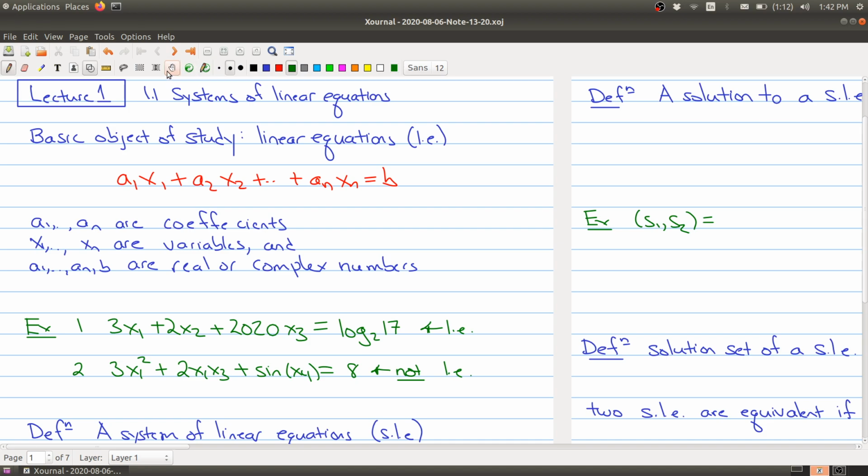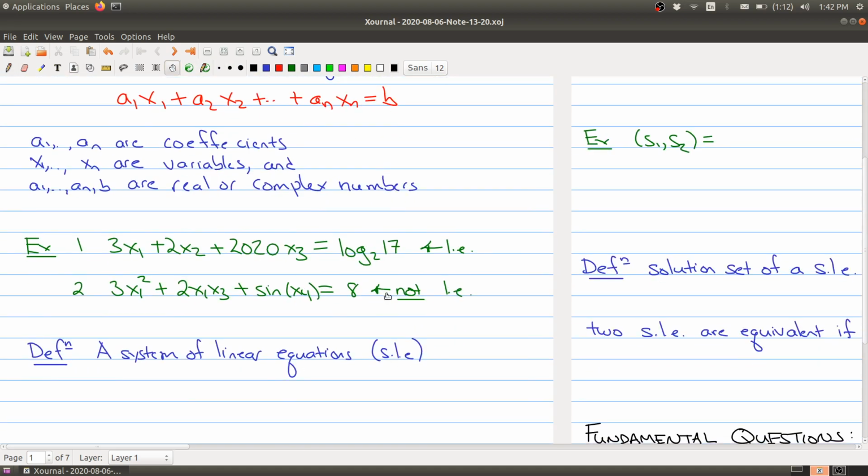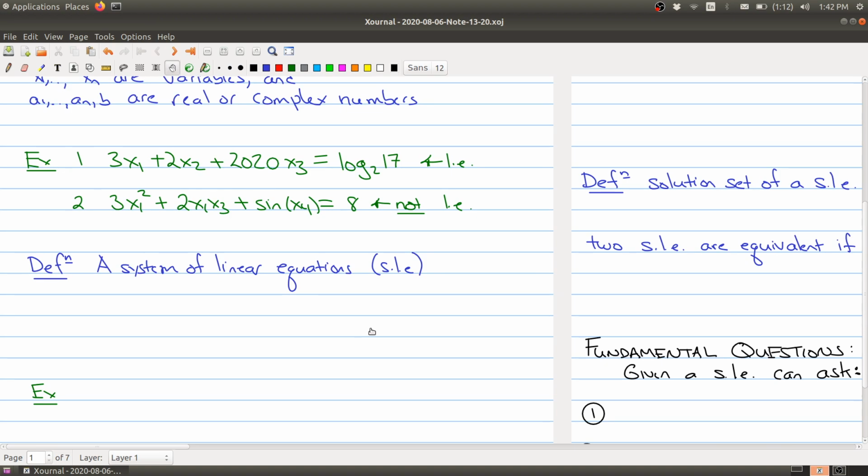And one of the main things that we want to study in this course are systems of linear equations. And what is a system of linear equations? It is a collection of one or more linear equations.